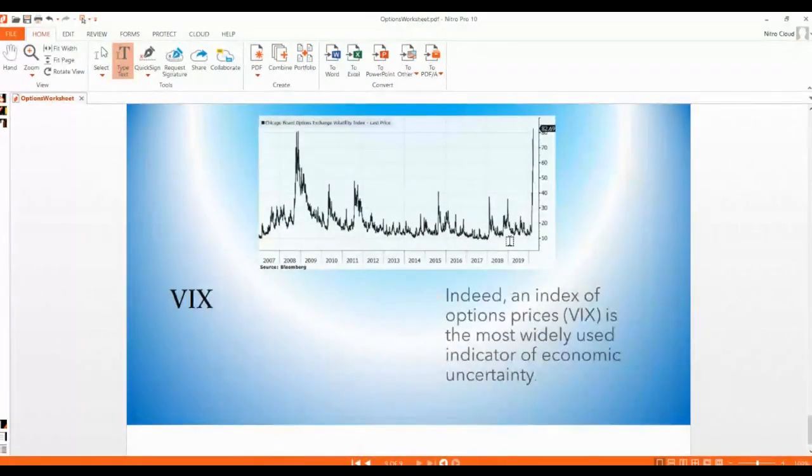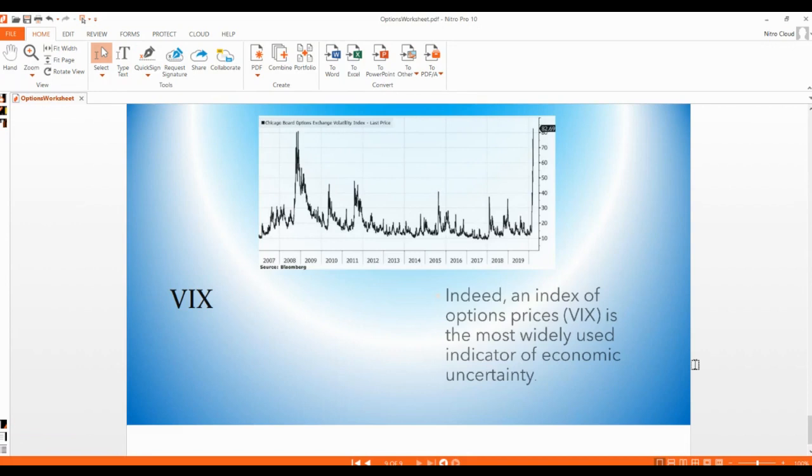In fact, this suggests that option prices might be a way of actually measuring uncertainty. And indeed, that is the case. There is an indicator called VIX, which stands for Volatility Index, which is an index based on a collection of options prices.